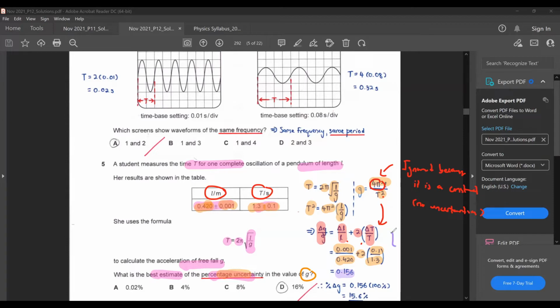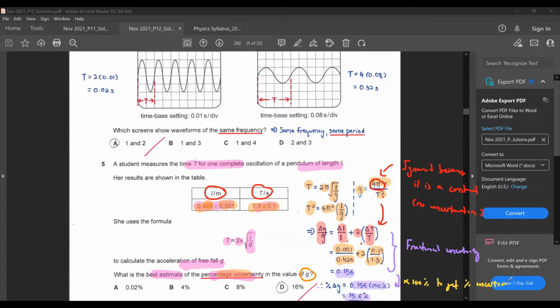So this one is actually just fractional uncertainty. You want to convert it to percentage uncertainty. Okay. So all you just need to do is you multiply by 100%.